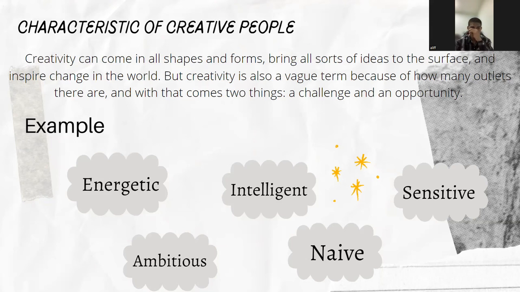Almost nothing discourages their preference to try something new. And last is naive. Another submissive characteristic many creative people have is to be naive. Being naive can be a very dangerous thing in this world, and creative people tend to fall into that naive pool quite often.